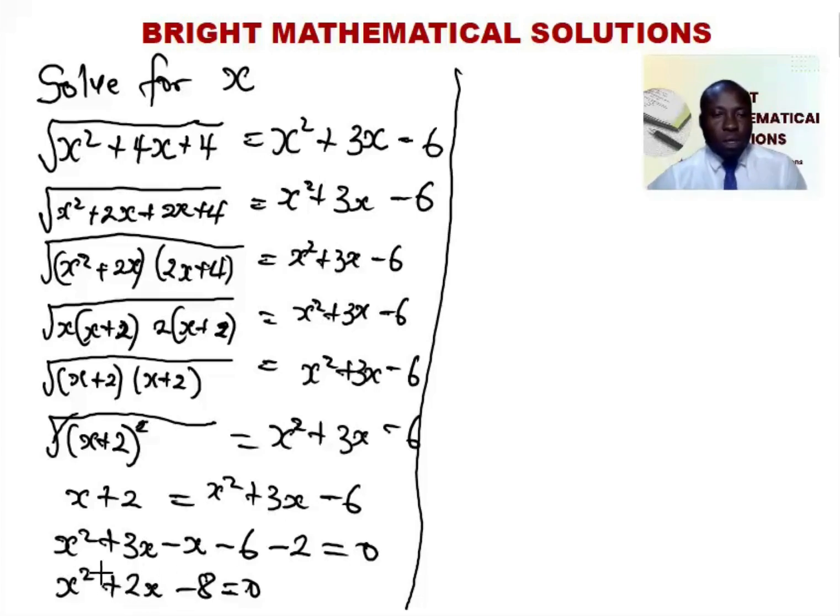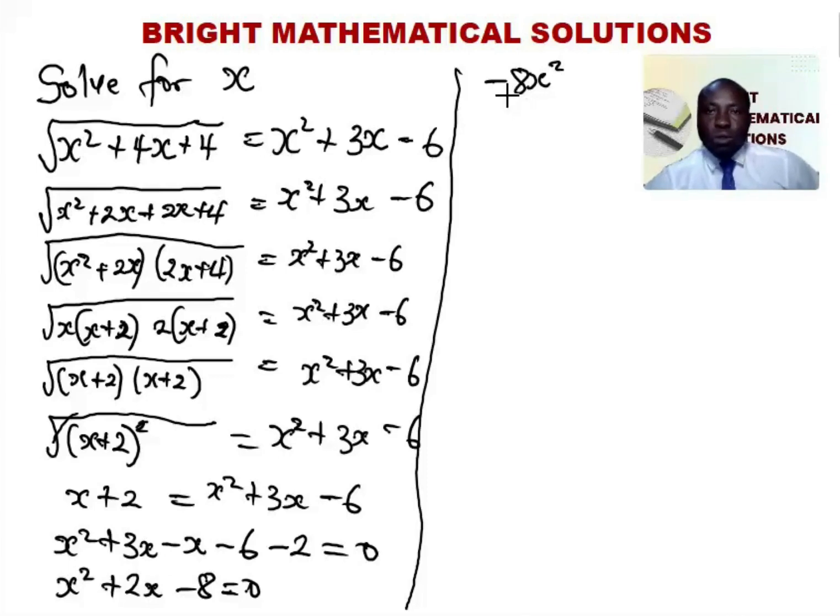To solve this, we need to look at the factors of this expression as well. We have 8 here, so let us look for factors of minus 8x squared that, when we multiply them together, give minus 8x squared, but when we add them together, give 2x.